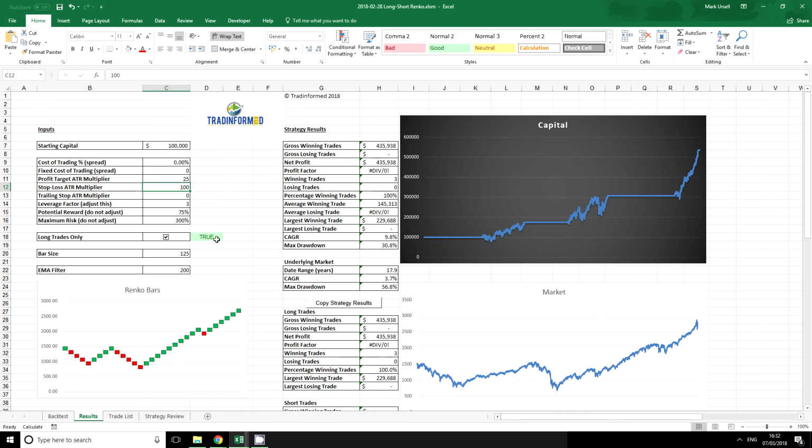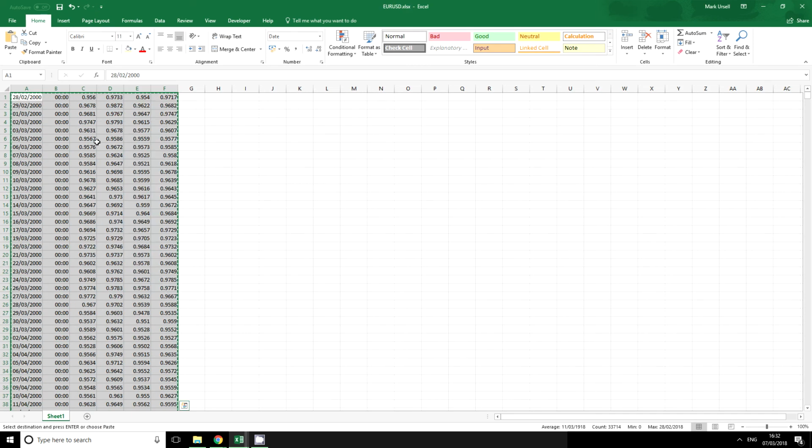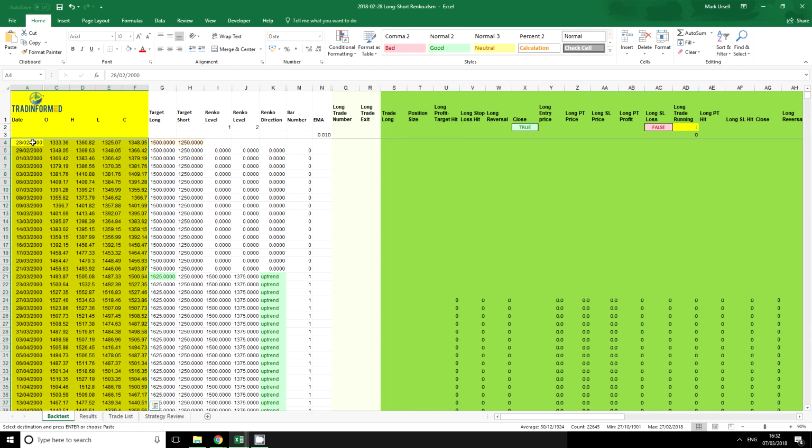Now, this trading strategy has been tested on the stock market, but would the same apply in a different market? I'm going to demonstrate that it can, by using data here from the Forex market. This is the Euro USD. And to show you how easy it is, I'm just going to copy the data in like this.